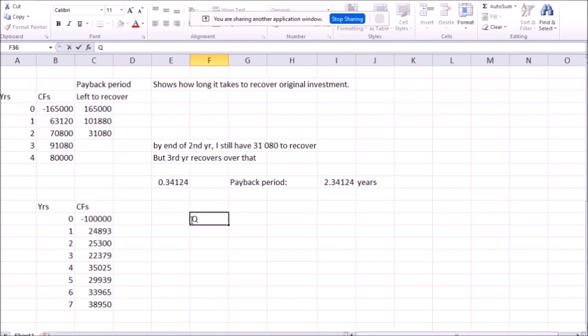Let's say we have a couple of questions. How much is payback period? If, let's say, preset period is, say, 5 years.